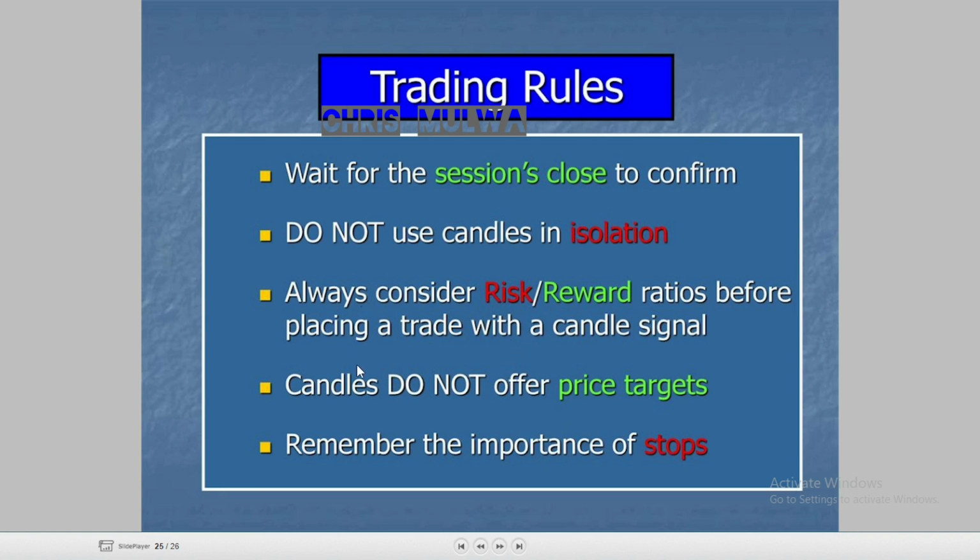5 trading rules. Number 1, wait for the session's close to confirm. What does this mean? This means that you wait for the session's close to confirm.